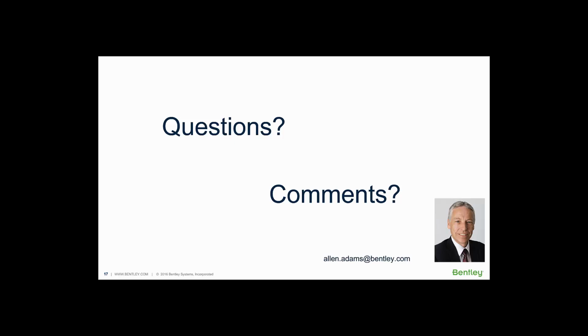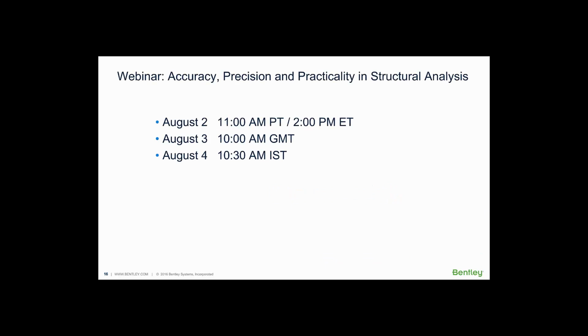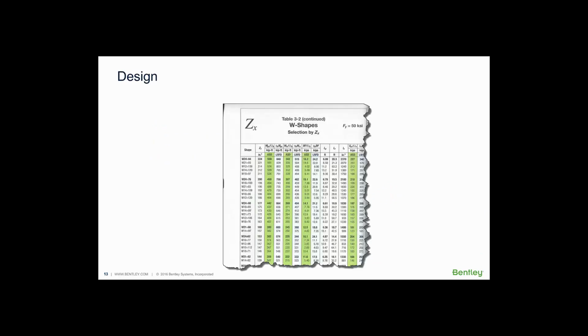So there's a question here that I want to take a look at. The question was, P delta effects represent a softer structure, hence a longer period. Why is the base shear larger? So let me go back and take a look.